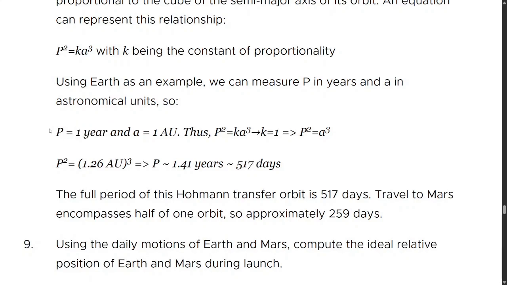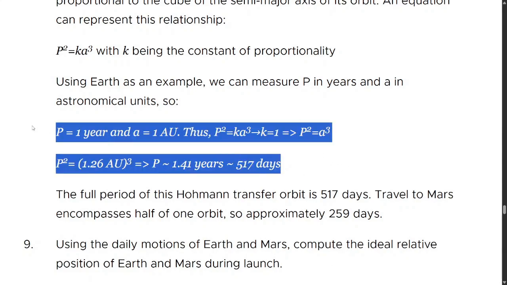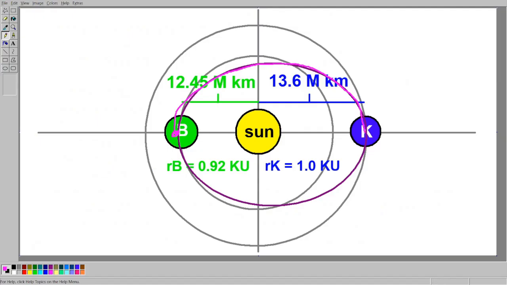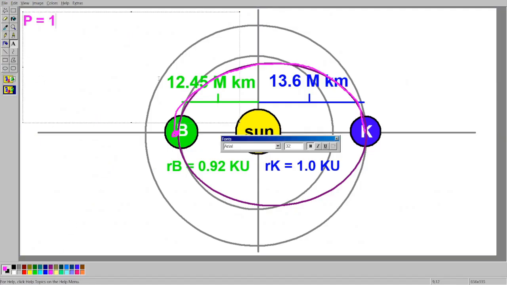So this is what we need to do. So let's say p is 1 Kerbin year, and let's say a is equal to 1 KU.